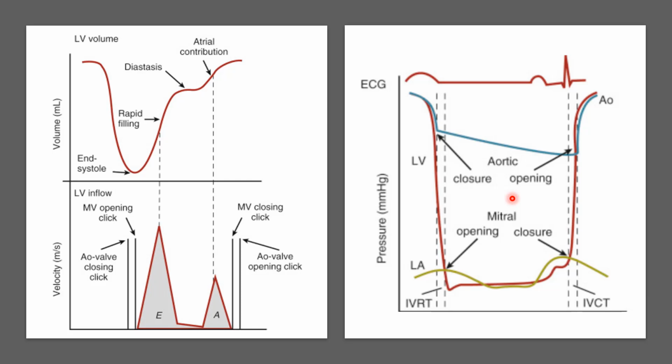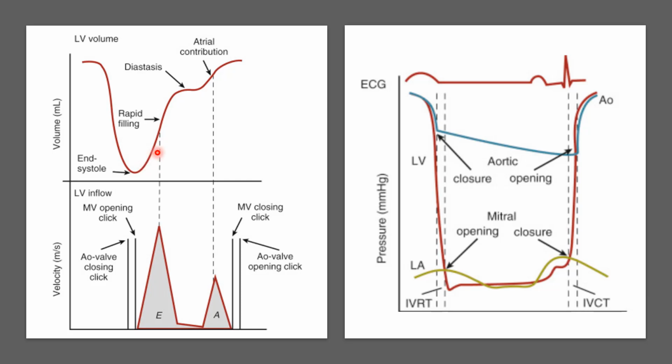Right? So let's talk a little bit about the physiology again. If you are looking at an E and an A, this is a normal pattern. So this is volume, and if this is LV volume, as LV is ejecting and systole finishes, your LV volume is filling up again at the beginning of diastole.